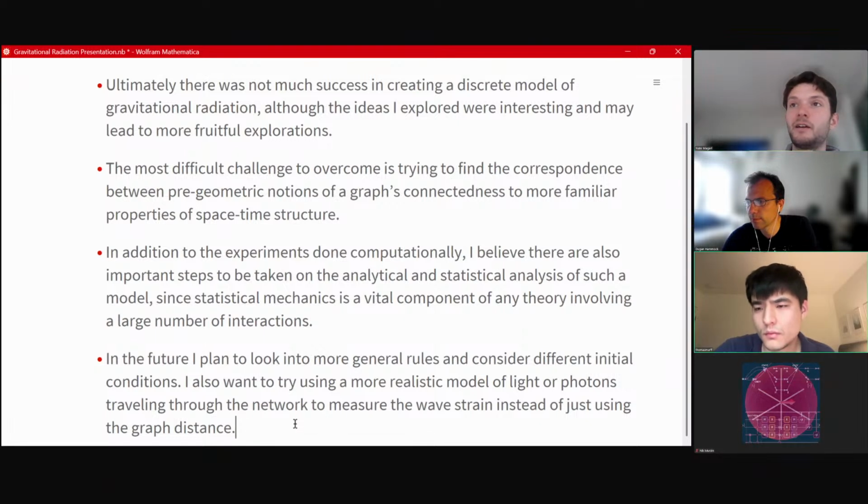And my understanding of that is that if a rule is not causally invariant, then these branches of possibilities can split off and never recombine with each other.